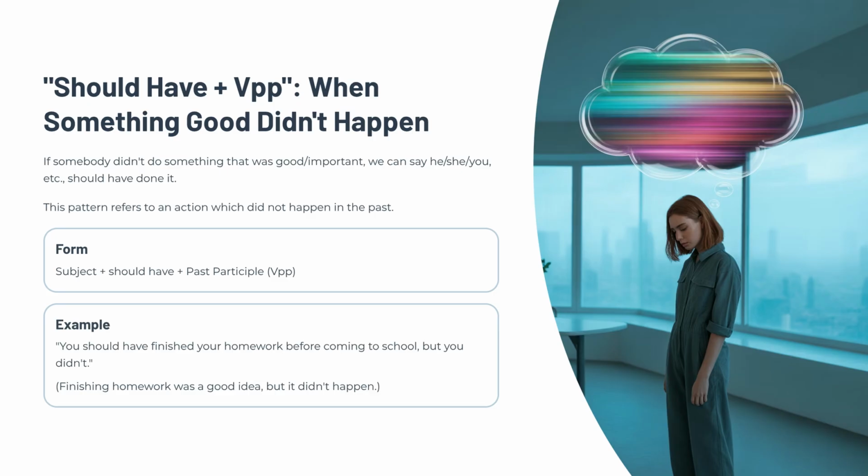The form is simple. Subject plus should have plus past participle or VPP. For example, you should have finished your homework before coming to school, but you didn't. This means finishing your homework was a good idea, but it unfortunately didn't happen.